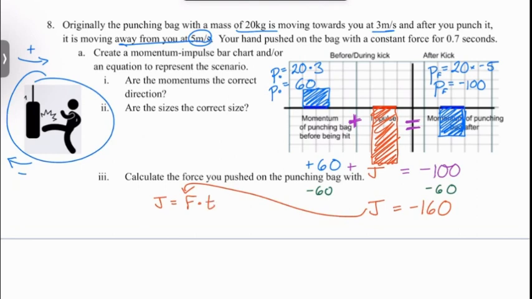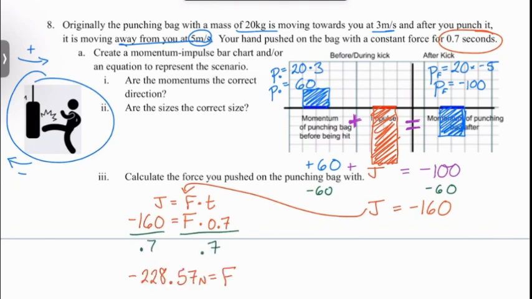And because my impulse is negative 160, that'll be equal to force times the time, and the time is 0.7 seconds. Divide by 0.7 on both sides. And I get a negative 228.57 Newton force.